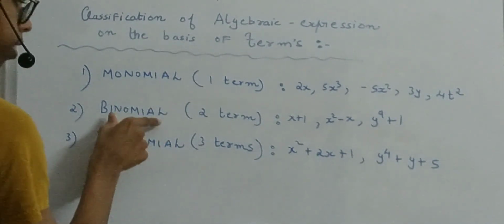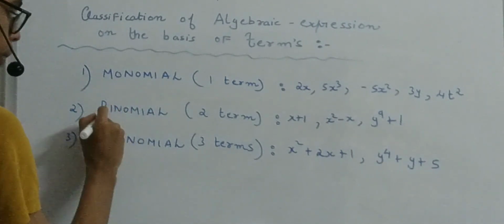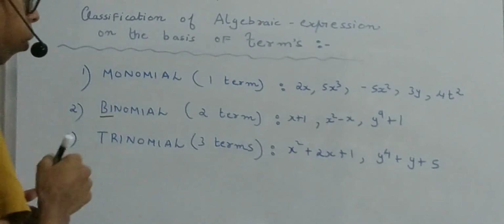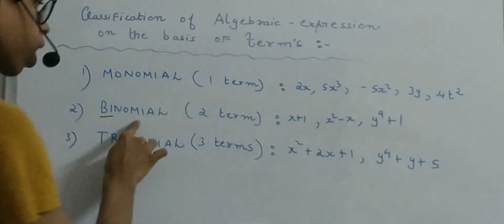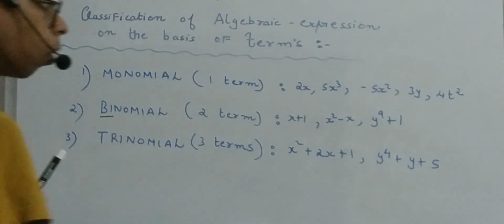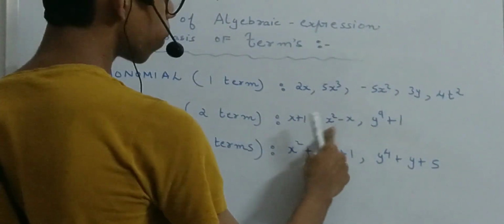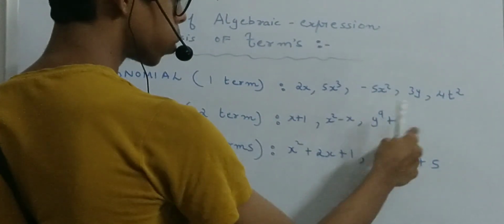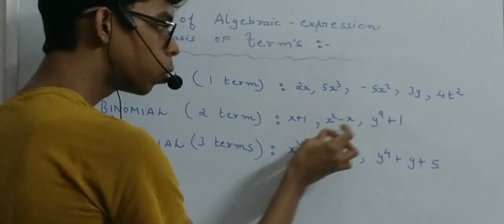Now see, the next one is binomial. The word bi means two. So an algebraic expression consisting of two terms is called a binomial. For example, just see x plus 1, x square minus x, y raised to 9 plus 1. In all these expressions there are two terms.